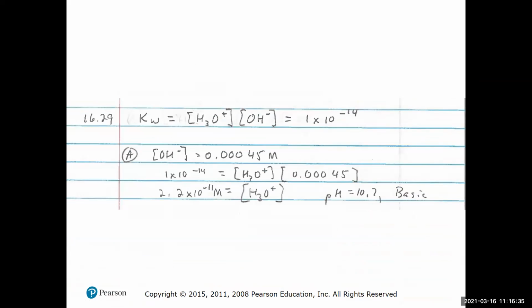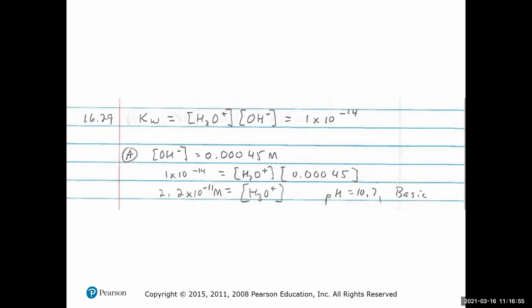If we remember that the equilibrium expression for water is hydrogen ion times hydroxide ion equal to 1 times 10 to the minus 14, then we can take the information that we're given and plug it in to solve for whichever variable we're looking for.